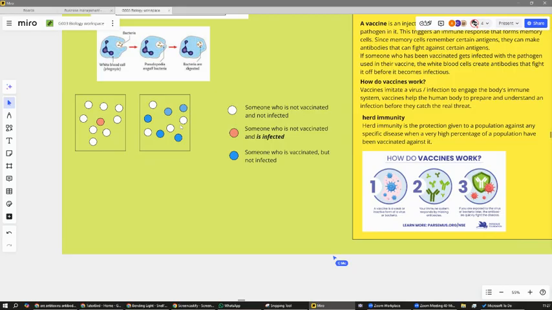The only way a pathogen can continue to exist is if it finds somebody to infect and then multiply within them. And so this is how we have eradicated a few quite deadly viruses in the past, or nearly eradicated others. And so this is the concept of herd immunity.